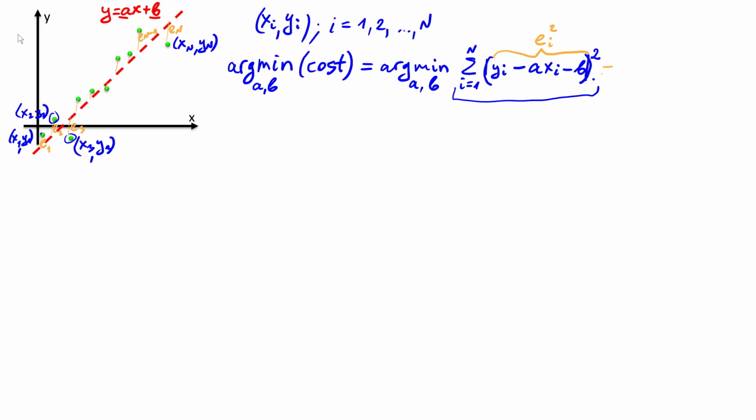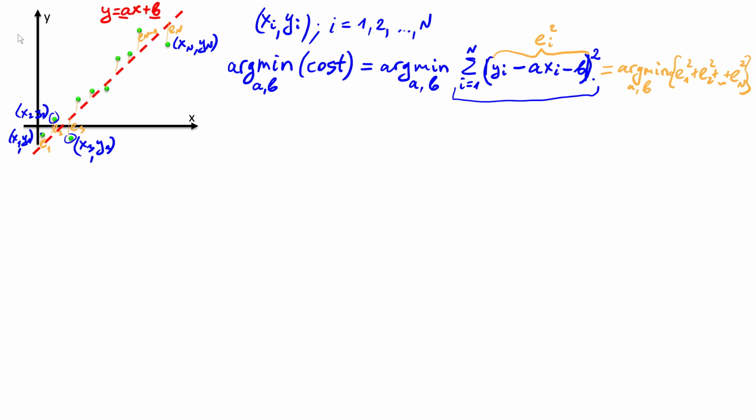So it will be argmin over a and b of e1 squared plus e2 squared plus, and so on, plus en squared. We want to minimize that expression.